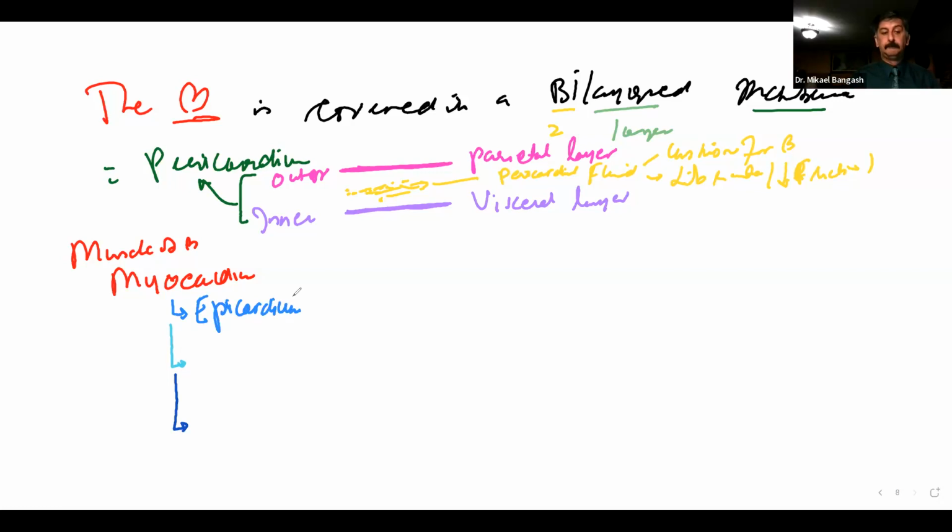Is that clear? The middle layer of the myocardium is called the myocardium. And the inner layer of the myocardium is called the endocardium.